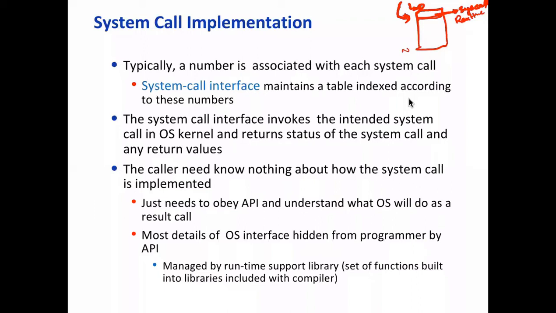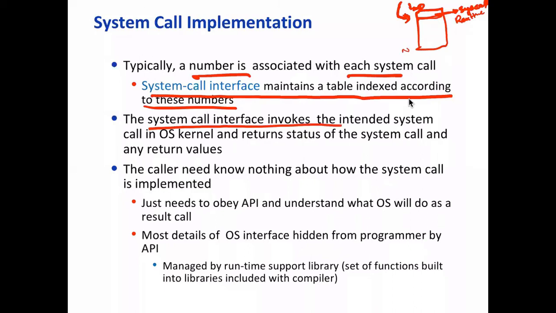Okay, so if you read it again, the system call interface maintains a table indexed according to these numbers, and each syscall has a number, like each interrupt has a number. Similarly, each syscall has a number. So this syscall interface invokes the intended function call in the OS kernel.